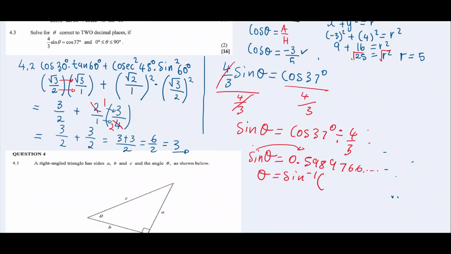So for theta here, you take the shift sine of 0.5897. Then you punch that on the calculator. Shift sine, and the angle is 36.80 degrees.